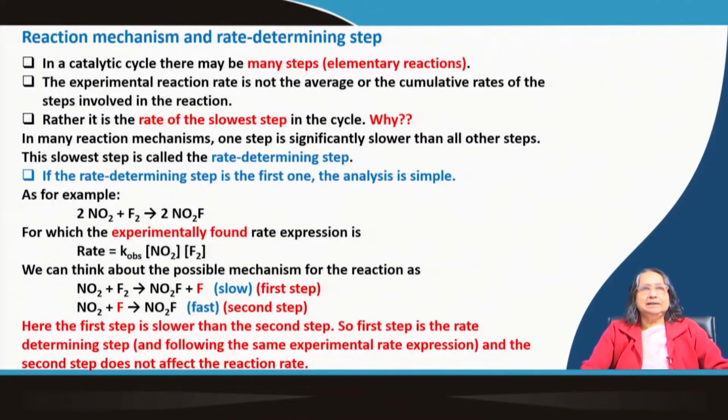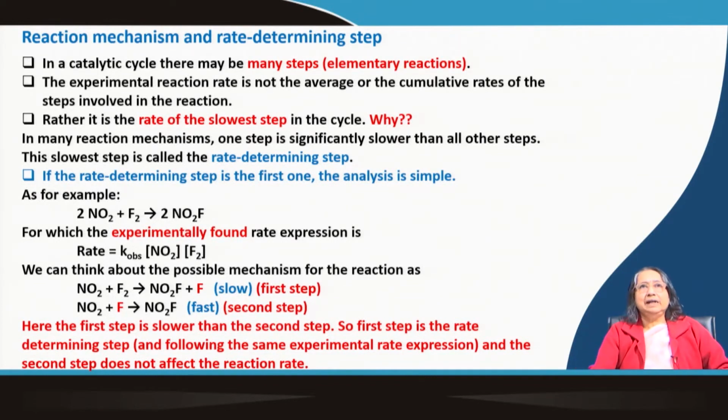Now, reaction mechanism and the rate determining step, this is a very important thing. In a catalytic cycle there may be many steps. I already told you that in any reaction there are many steps, called elementary reactions.